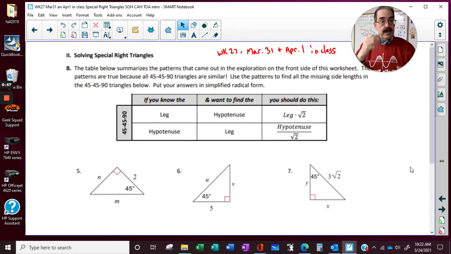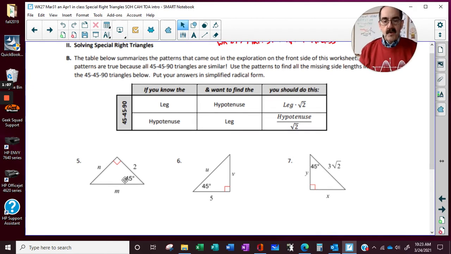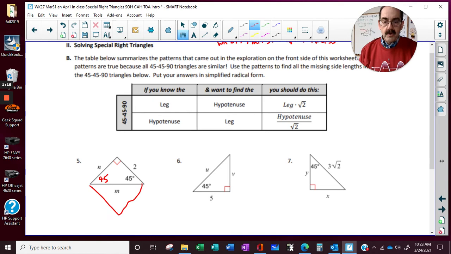Mr. Miller is going to hand you this sheet, and we just want to make sure that we don't have to use the Pythagorean theorem over and over. If it's a 45, 45, 90, we know it started off as a square, so all the sides have to be 2.